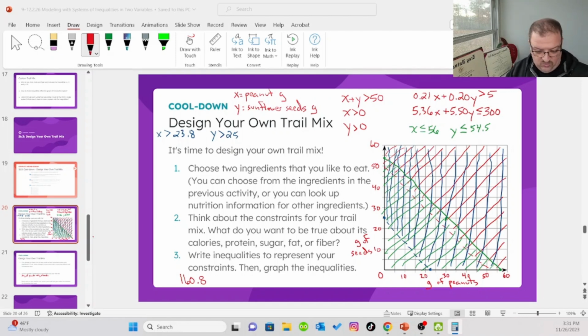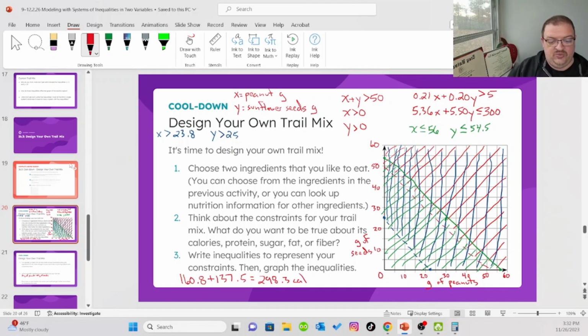That is 137.5. If I add those together, I get 298.3 calories, which does satisfy our last constraint.